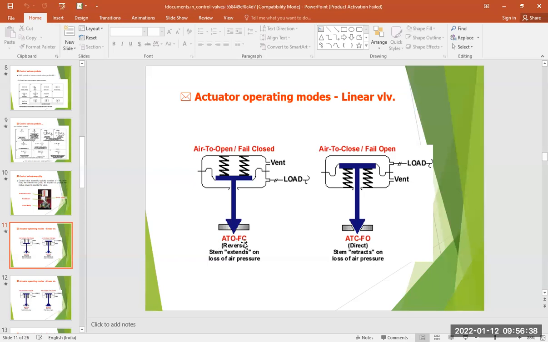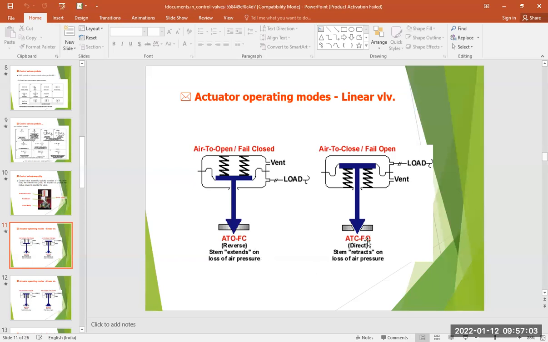We represent this as ATOFC. When you work in any industry, you will see these short terms. ATOFC means air to open or fail closed type of valves. And here the stem extends on loss of air pressure.